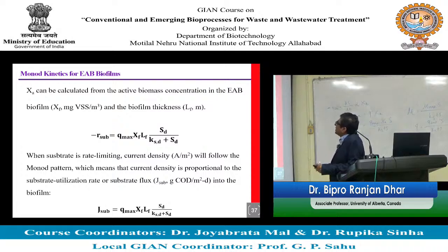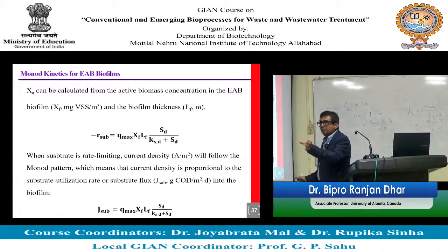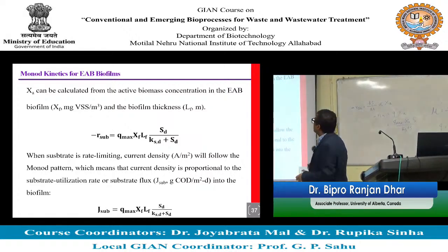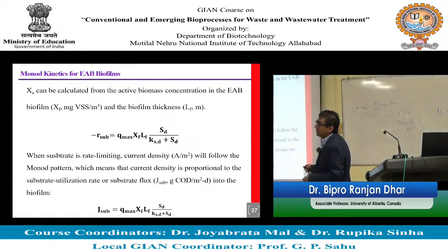Now we are saying that XA, the active biomass concentration for a biofilm, can be calculated from the EAB concentration in the biofilm.